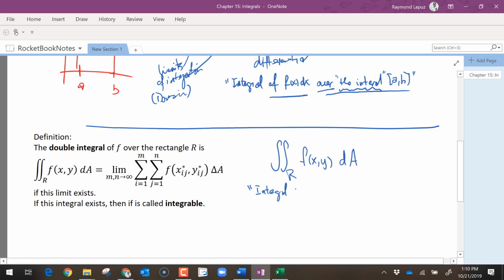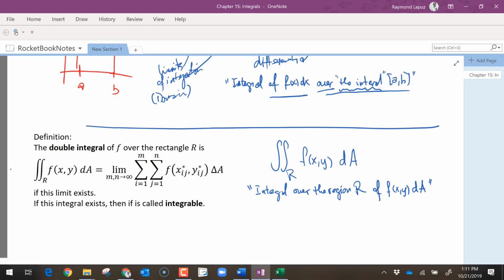So I'll switch the language this time from our previous one: over the region R of the function f of x y dA. So instead of the interval ab, now we have to change our notation to include a whole region in 2 dimensions.